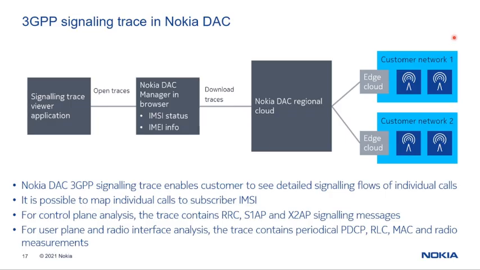And then the other operation or troubleshooting capability is to collect signaling traces. So in general, signaling traces can provide options to check signaling, control plane and user plane messages related to, for example, a given call or a given UE, and it can help you in troubleshooting, for example, connection issues.